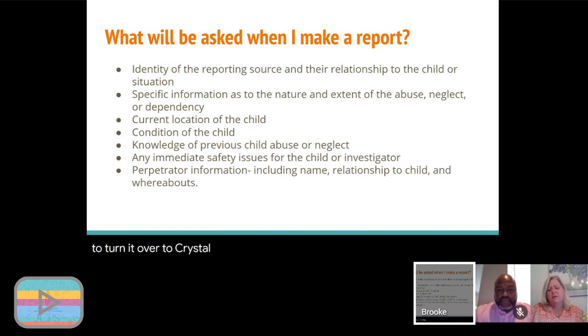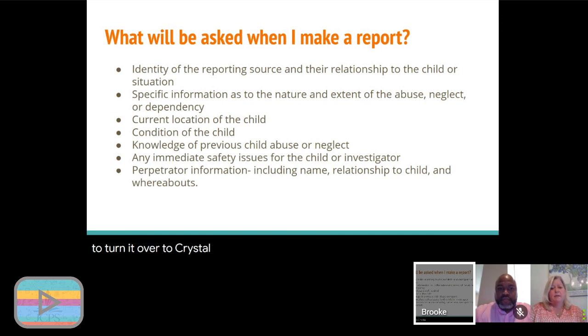However, we strongly, strongly encourage that you give your name and information on who the reporting source is. That allows the assigned worker to follow back up. If there are any other questions about the situation, then they can follow up and also reach out for more information and at times share information.